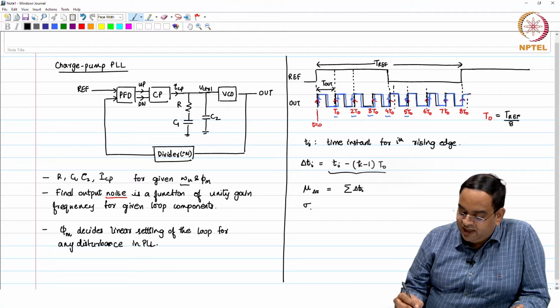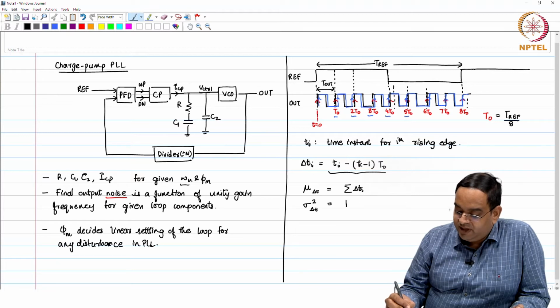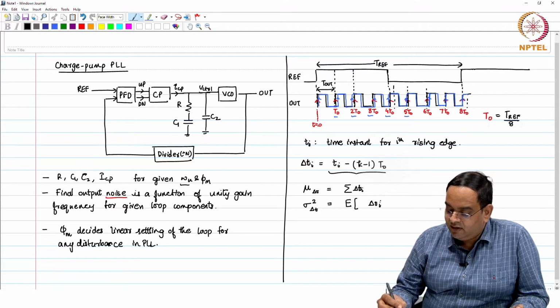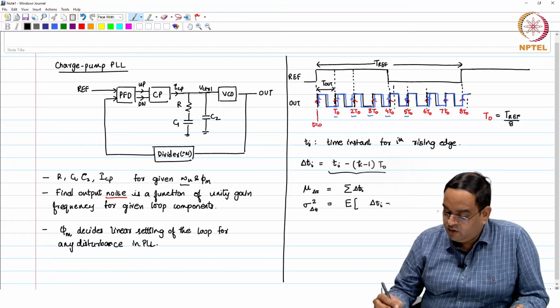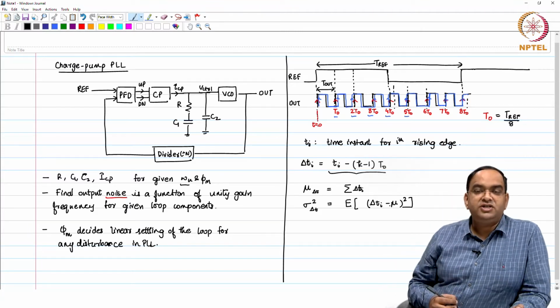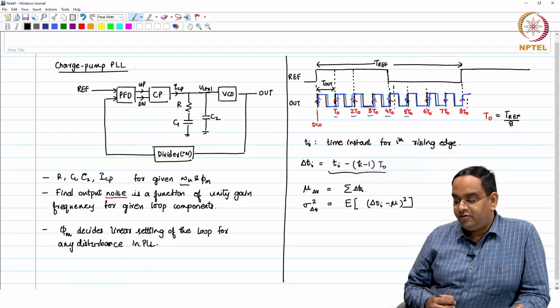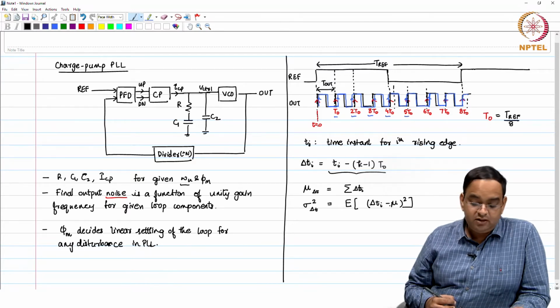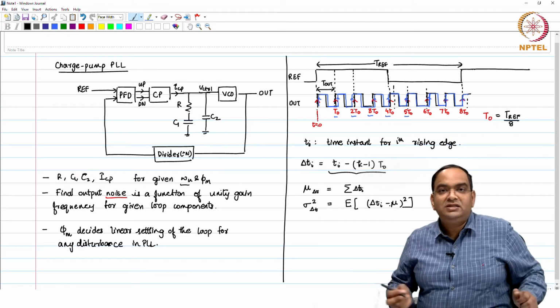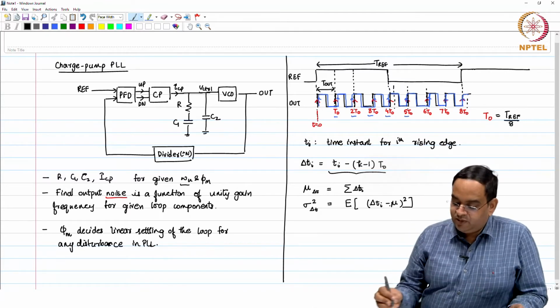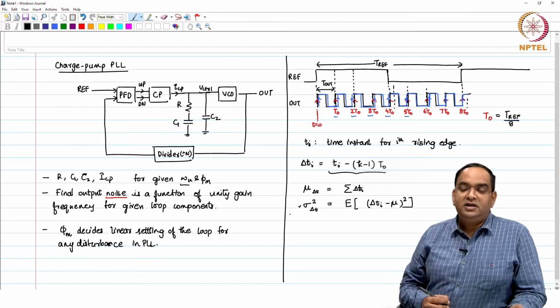You also define the standard deviation for delta T, which will be defined as the expectation of delta T_i minus mean of delta T, this whole squared. If we do not know the probability distribution function, you take a large number of samples, and from those samples you calculate the standard deviation or the variance.